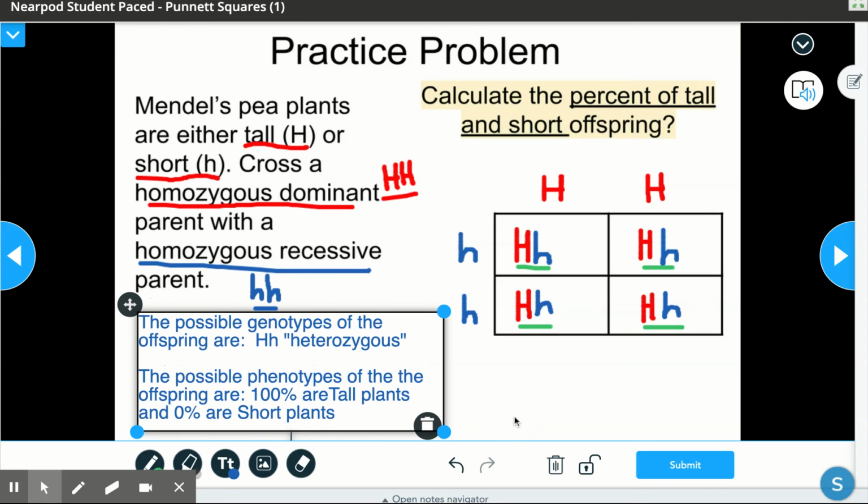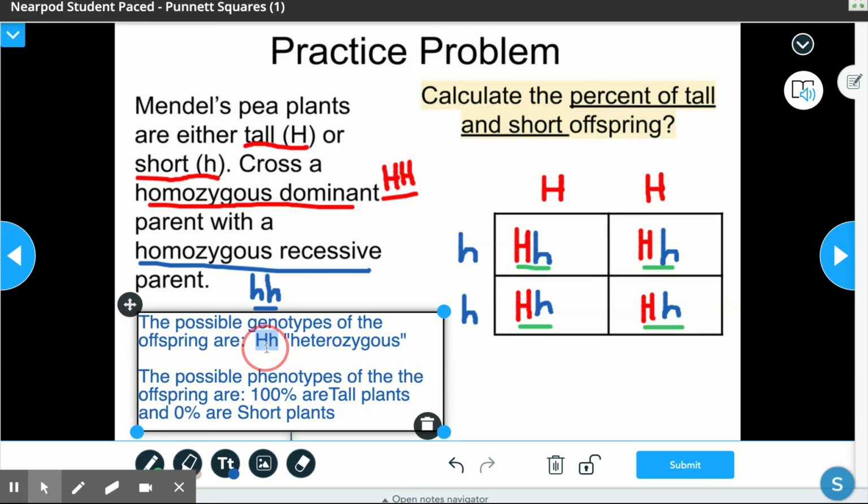Again, why is this the case? This is the case because from the Punnett square, you can see that the only combination of genotypes for the offspring that results here is heterozygous. Heterozygous means one dominant and one recessive allele.